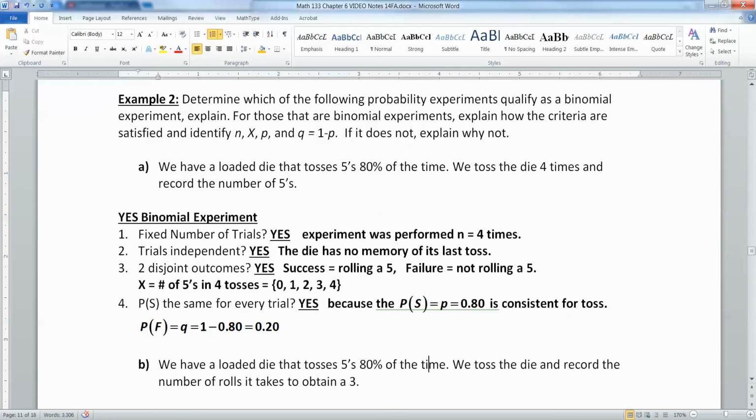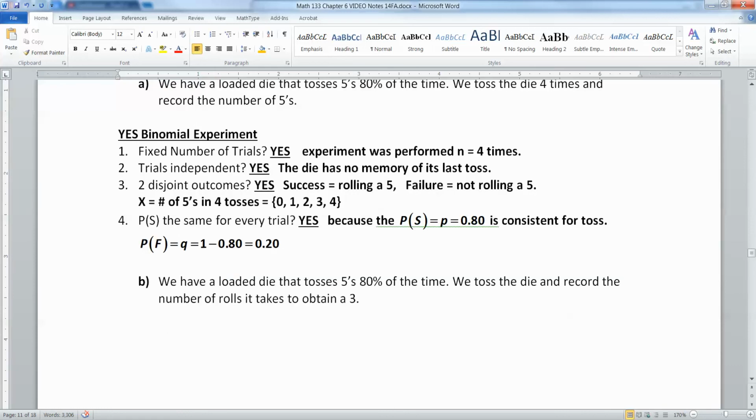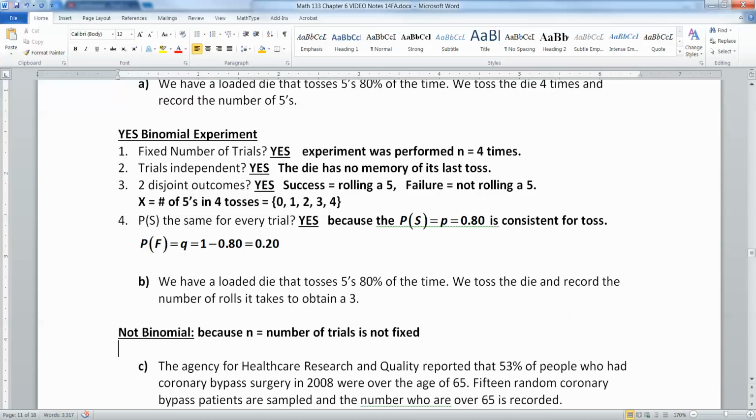All right, now what about that same loaded die that tosses 5s 80% of the time? You toss the die and record the number of rolls it takes to obtain a 3. Well, that's not binomial because you could toss 2 times, 3 times, 4 times. It's not binomial because your number of trials is not fixed. Right?